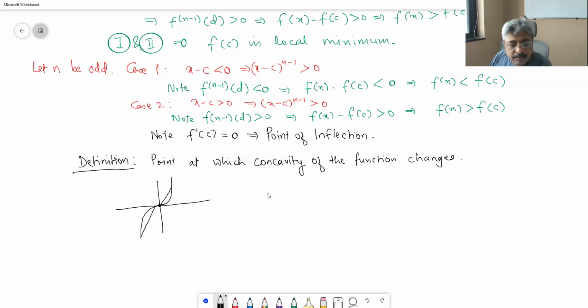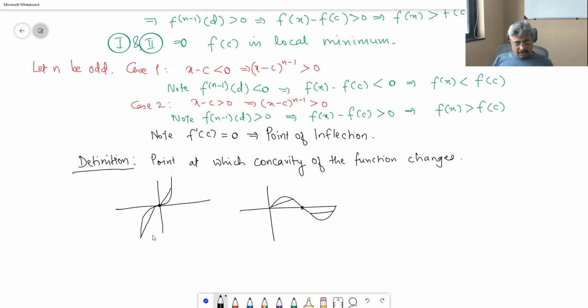Okay, so the sine curve: chord is below the curve, chord is above the curve. Therefore, this is a point of inflection. The convexity or concavity, whatever you call it, the curvature changes. The function is continuous, and if the curvature changes at that point, then it is a point of inflection.